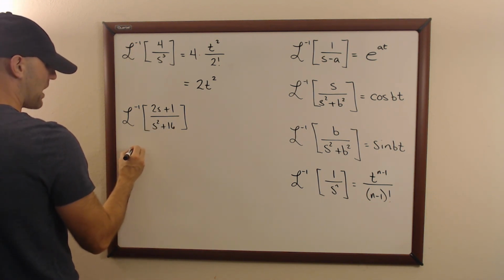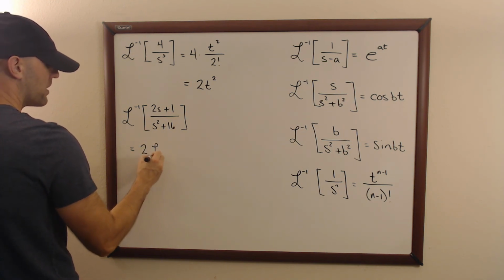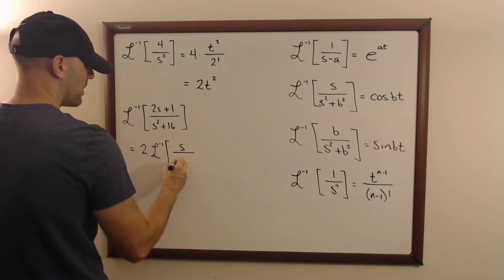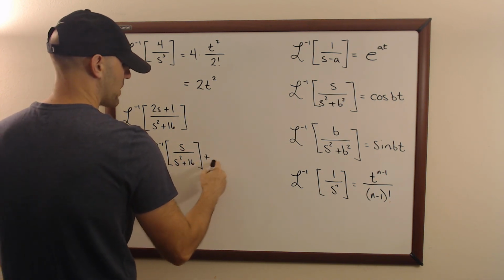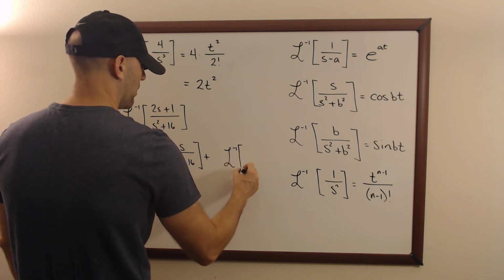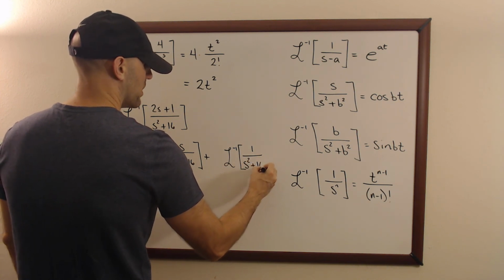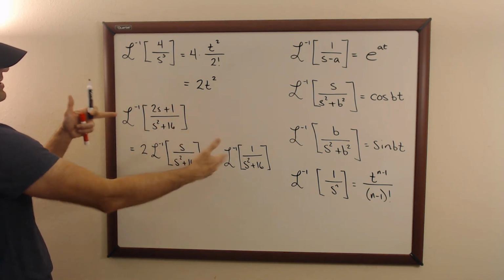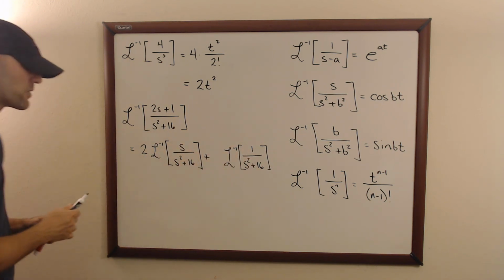So I can rewrite this as 2 times the inverse Laplace transform of s over s squared plus 16 plus, I'm going to leave some space here for a reason, the inverse Laplace transform of 1 over s squared plus 16, right? And so again, I'm just breaking apart this into 2s plus 1, the same denominators, and I factor out the 2.